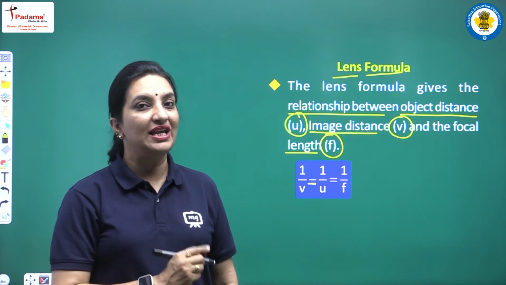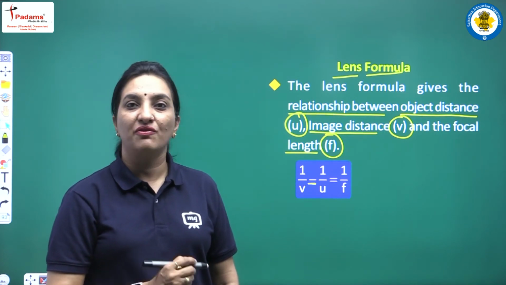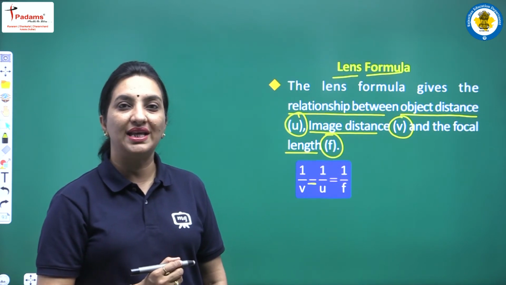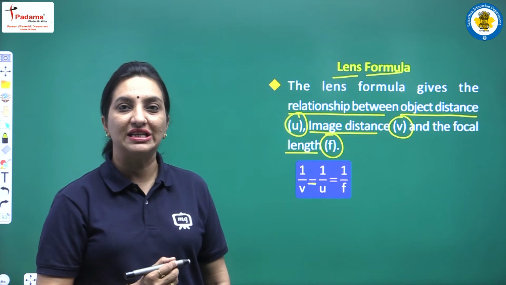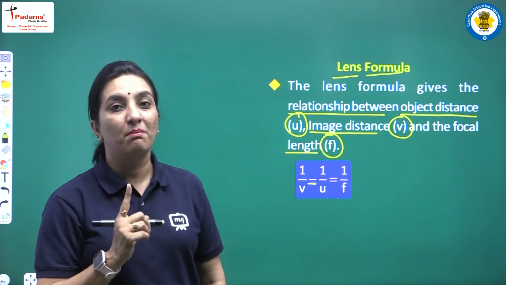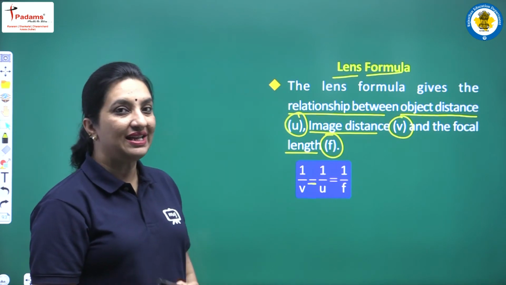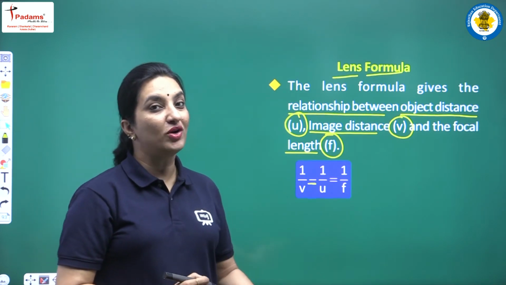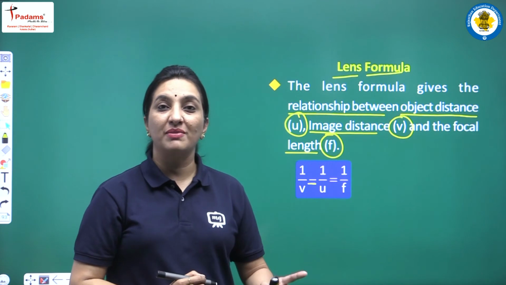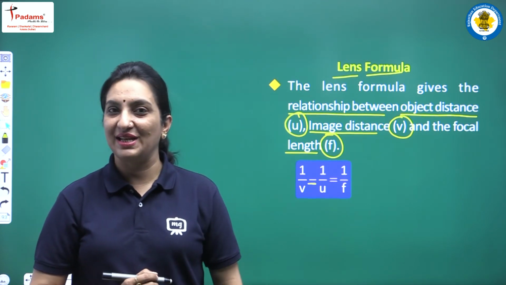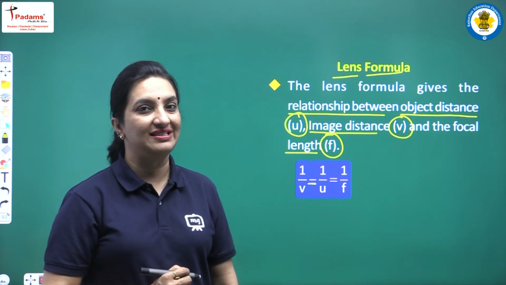Here in case of spherical lenses, we have lens formula and here the relationship is 1 upon f is equal to 1 upon v minus 1 upon u. So, this is the lens formula, and before substituting the values, we must take the values with proper signs using the sign convention which we have learnt.